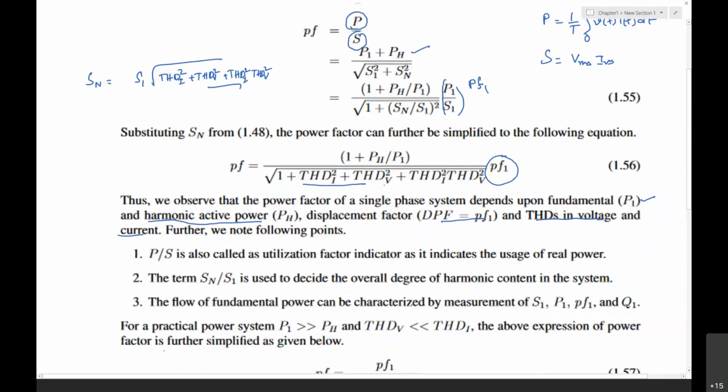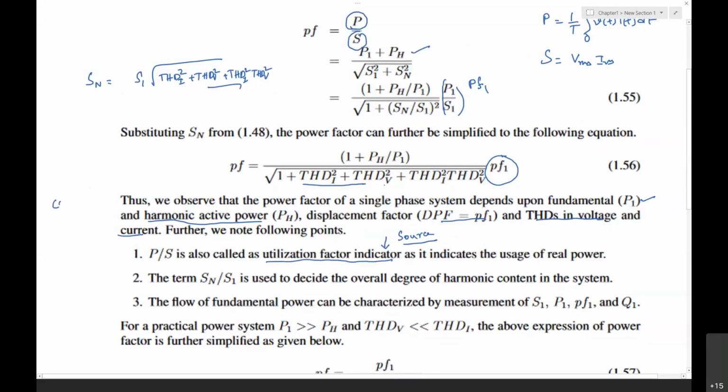Now the power factor has been defined as a utilization factor indicator with reference to the source power, with reference to the source. Okay.